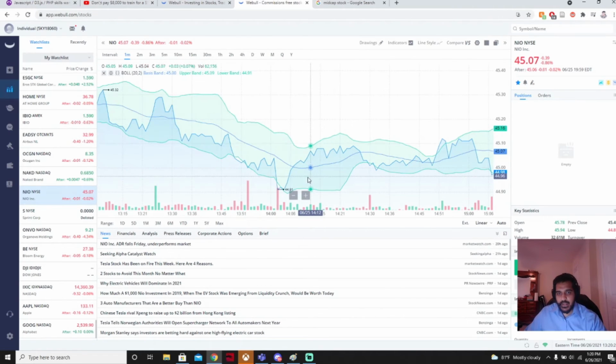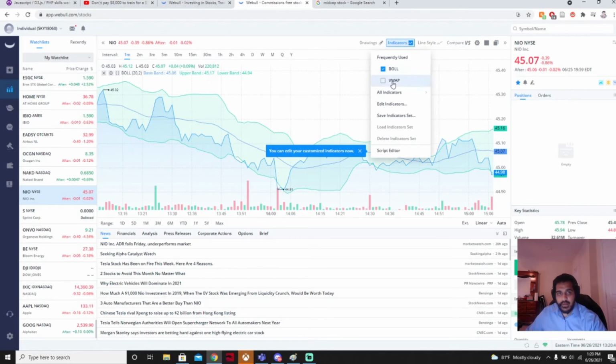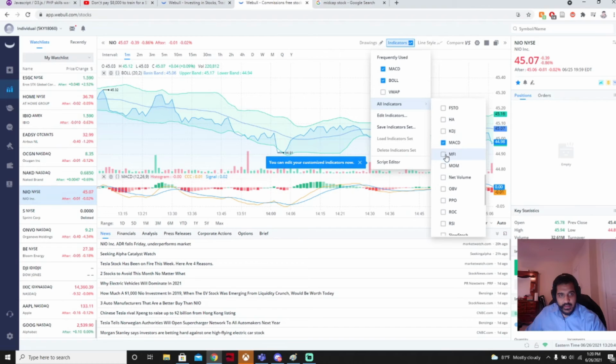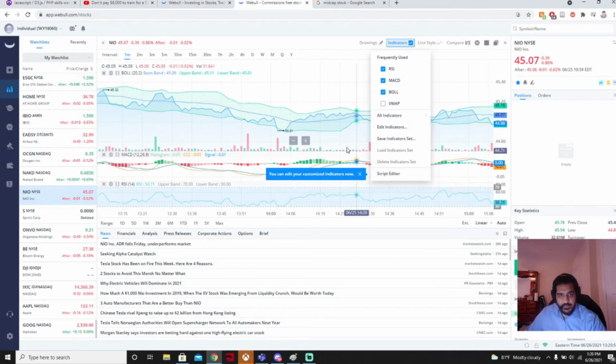But say we got it here. It hit the Bollinger Band on the upside, and then we could see it holding up. We have the exit strategy. You can have two successful exit strategies. One being your indicator, so let's get MACD, and let's get RSI.